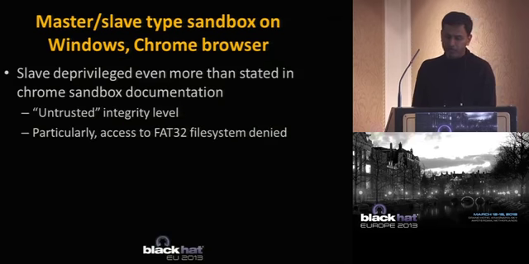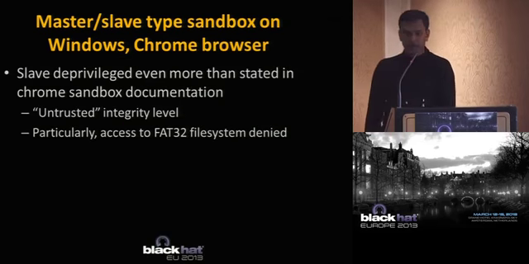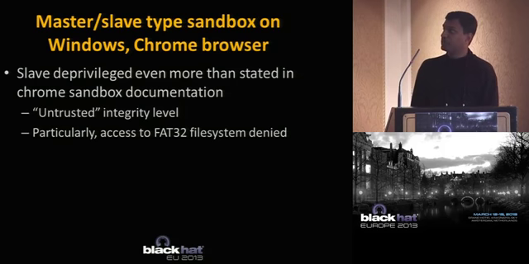Similarly, we found that access to the FAT32 file system is denied in the Chrome browser, which is kind of interesting because it's not documented in the publicly available Chromium resources. So obviously the Google security team spent extra time and effort adding these additional features.